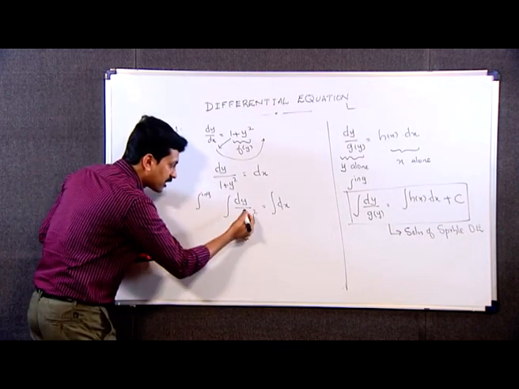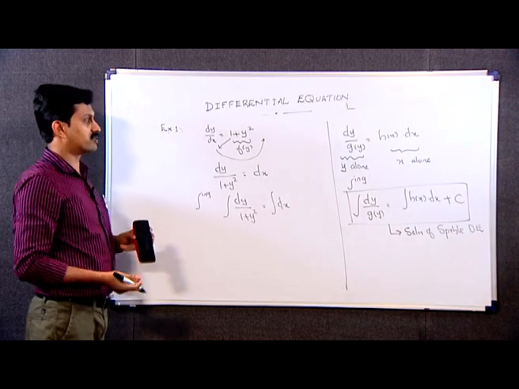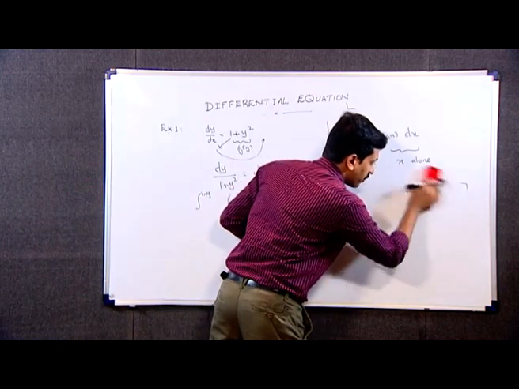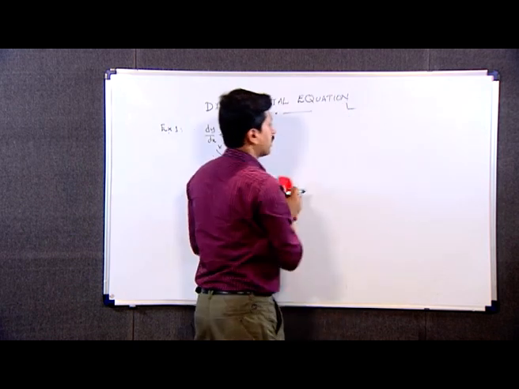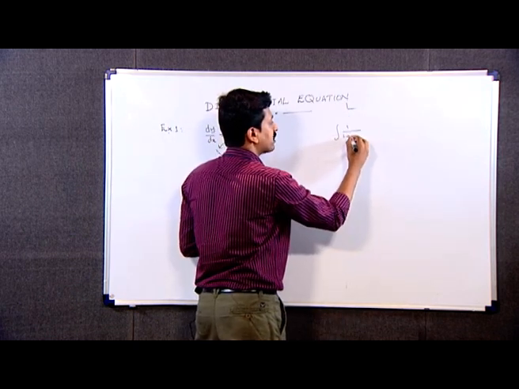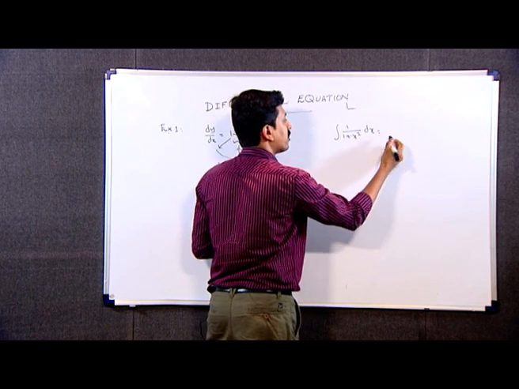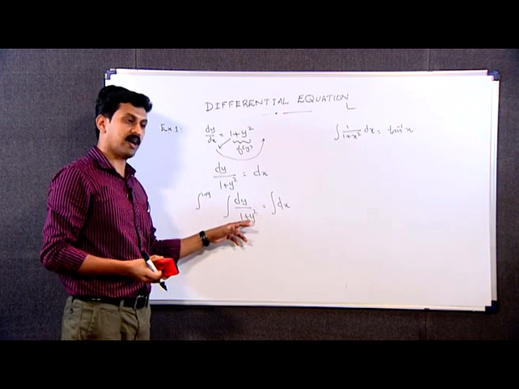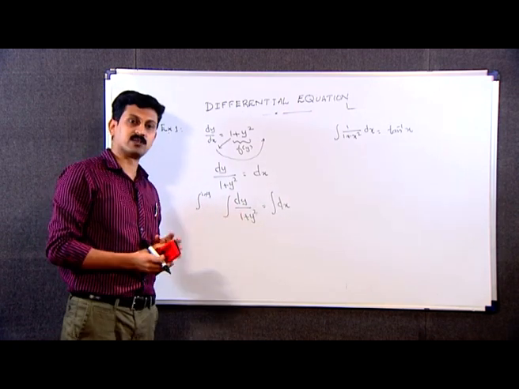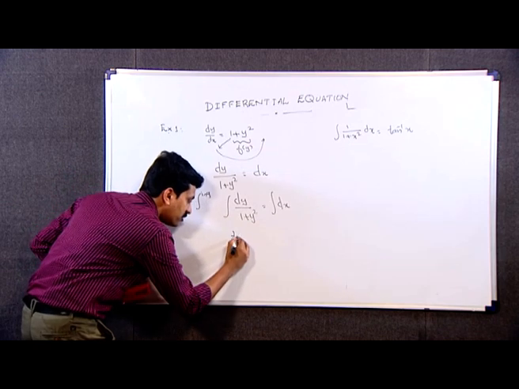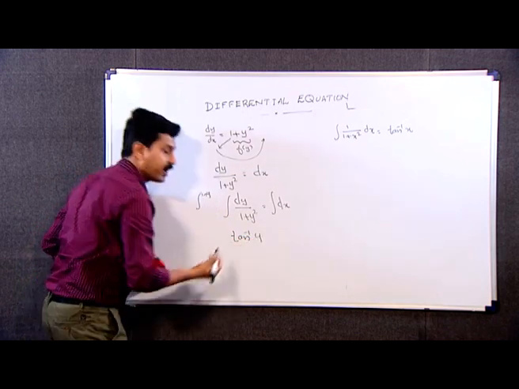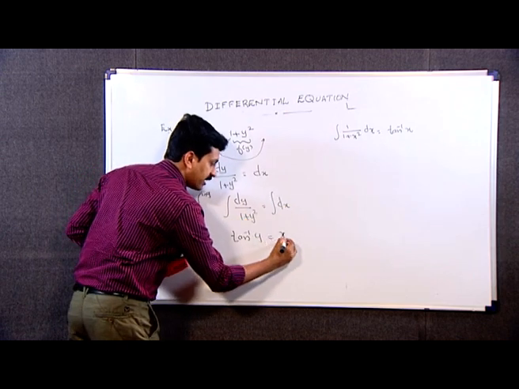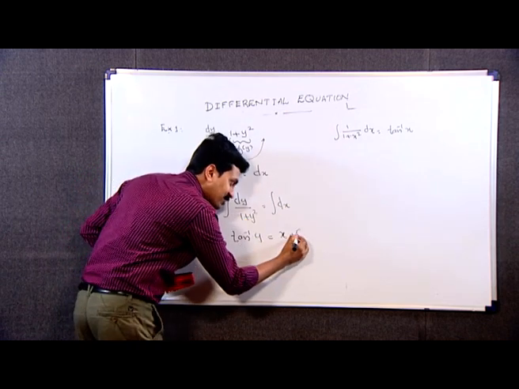Therefore, for the integral of dy divided by 1 plus y square, we know that the integral of 1 by 1 plus x square dx is equal to tan inverse of x. Instead of x we have y here, so the integral of dy by 1 plus y square is equal to tan inverse of y. This is equal to the integral of dx, that is x, plus a constant of integration.